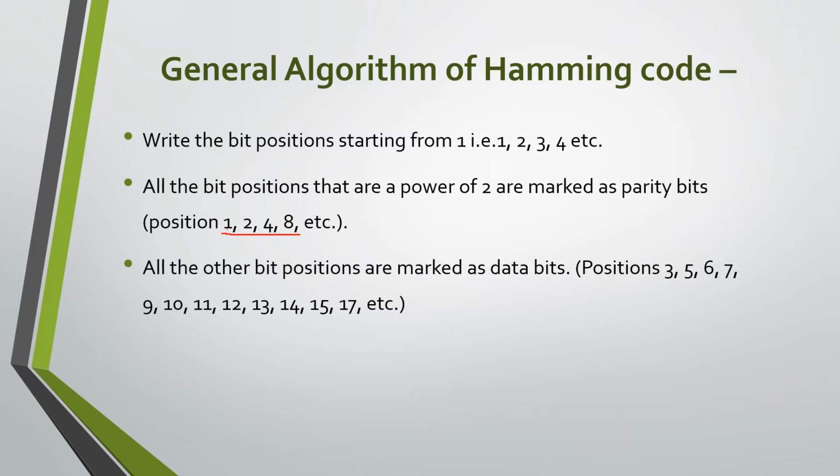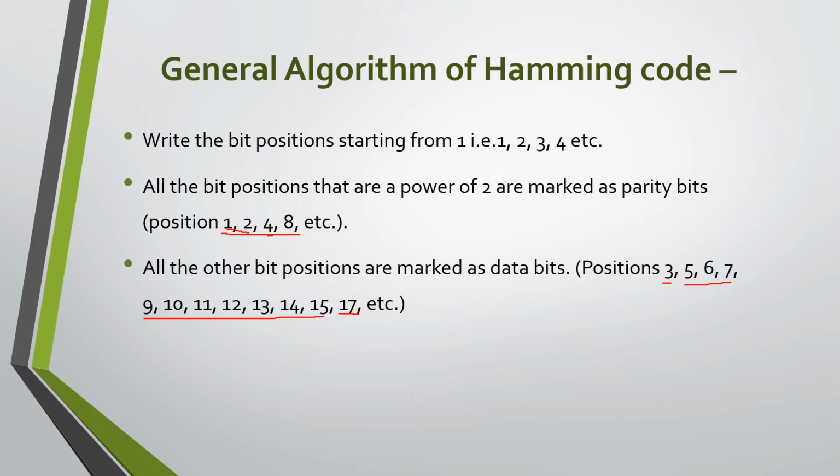By ignoring 1 and 2, 3 is marked as a data bit, ignore bit 4 which is used for parity, then 5, 6, 7 are data bits, ignore bit 8 which is used for parity, then 9, 10, 11 up to 15 are data bits, then 2 raised to 4 means 16, so 16 is used for parity checking, hence it is avoided in the data bit positions.